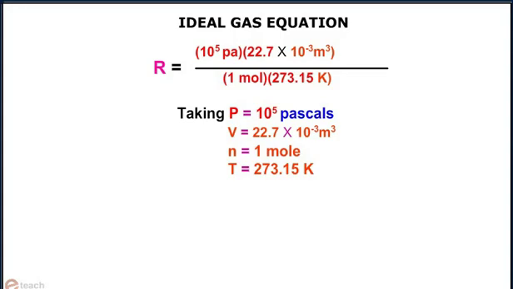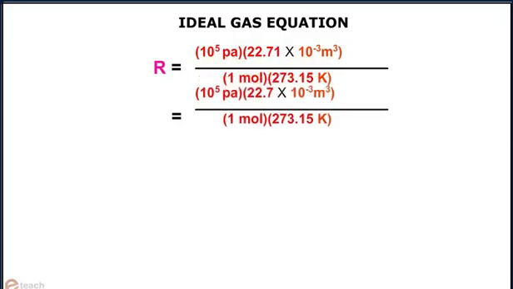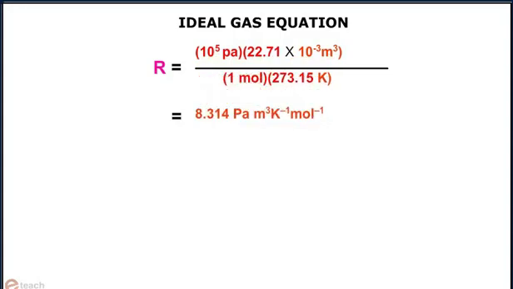Taking P equals 10 raised to the power 5 pascals, V equals 22.71 into 10 raised to the power minus 3 meter cube, n equals 1 mole and T equals 273.15 Kelvin.